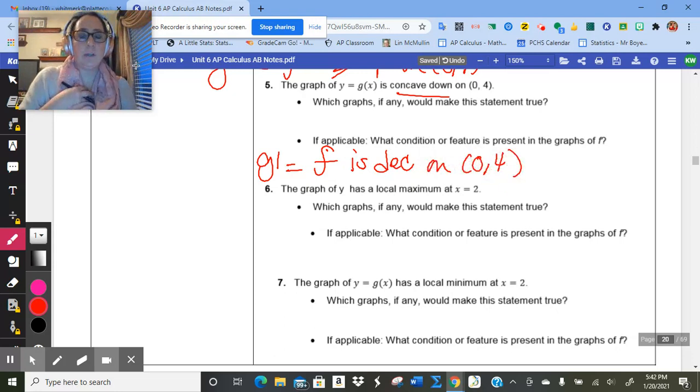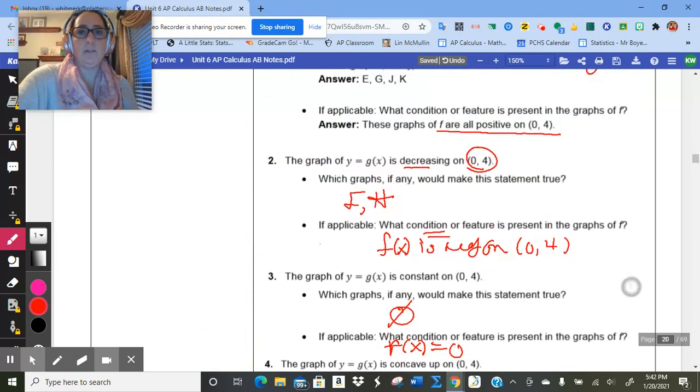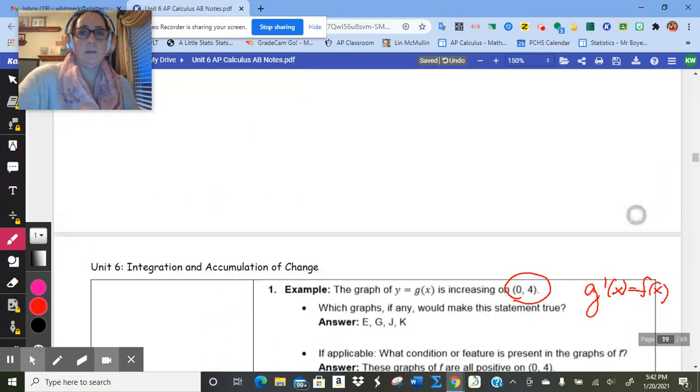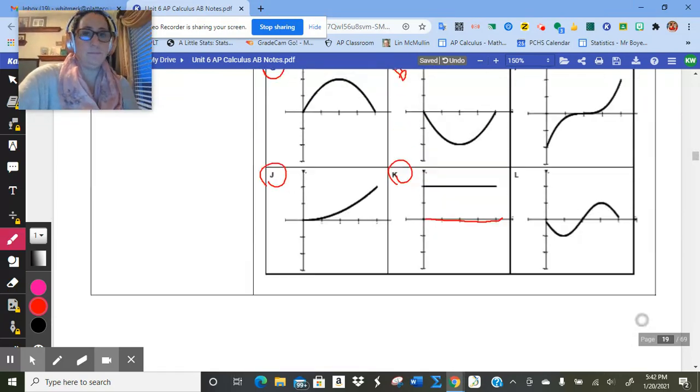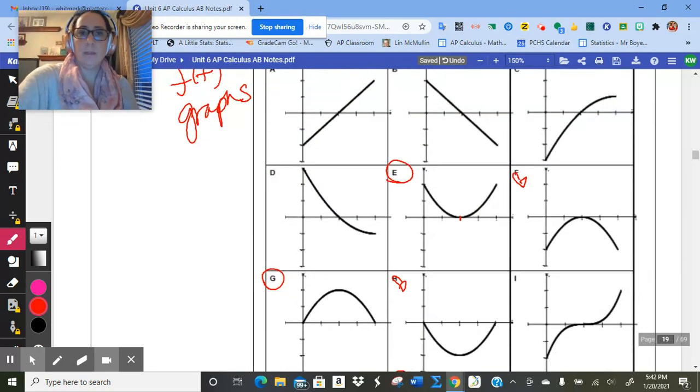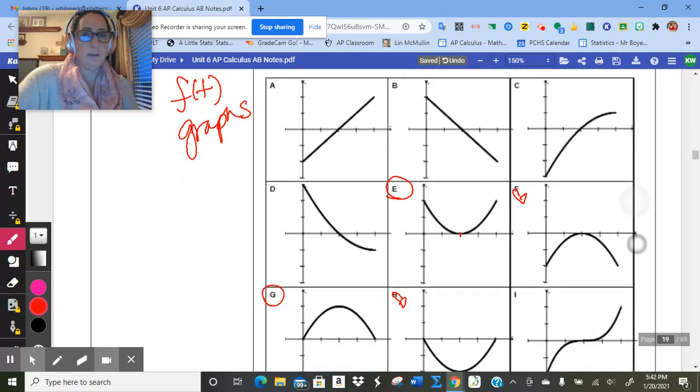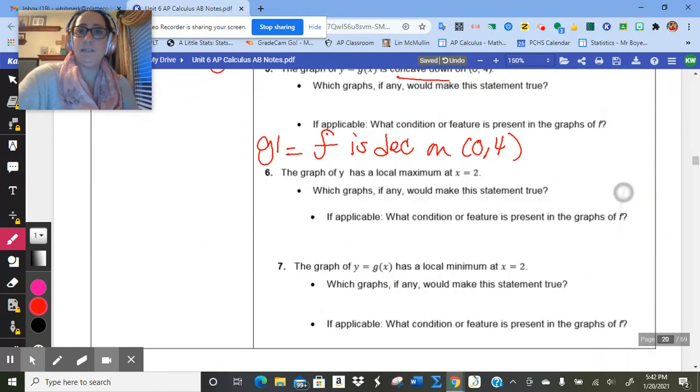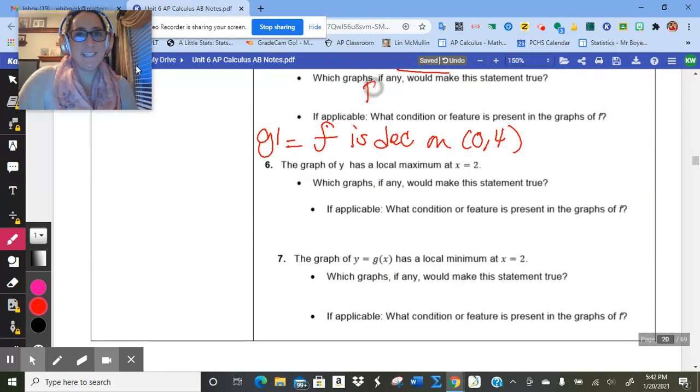So go find those graphs where f is decreasing, aka where g prime is decreasing on that whole interval. And did you pick E and D? That's what I picked too.